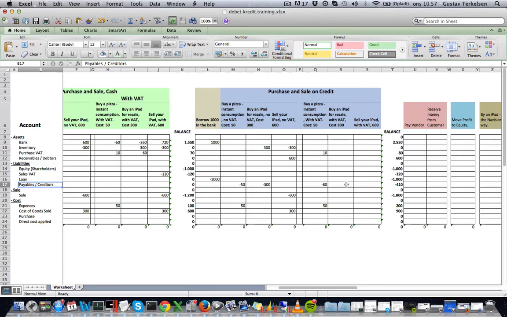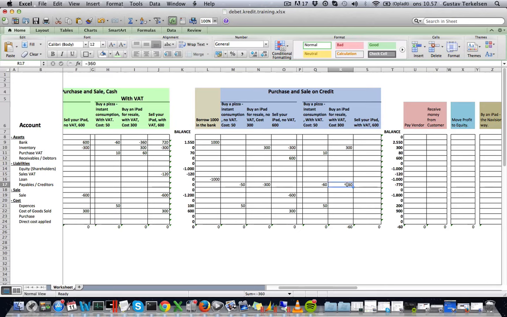So we know that eventually we will have to pay our iPad vendor 360. When we receive this iPad, we get to put it on inventory because it still has a value to our company. So our inventory will increase by 300, but it still doesn't balance.